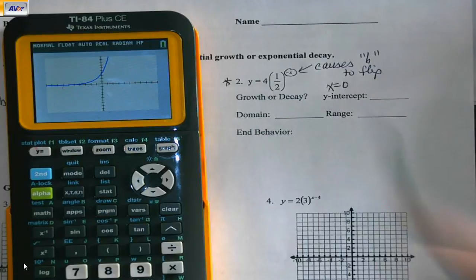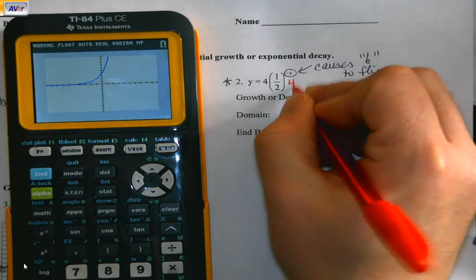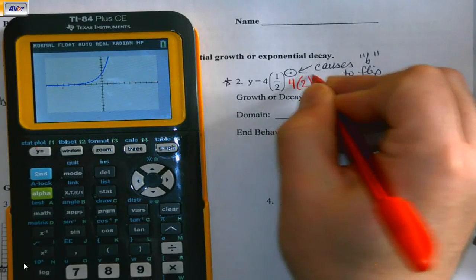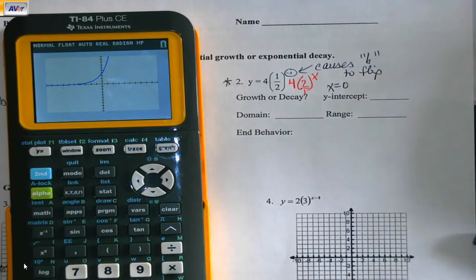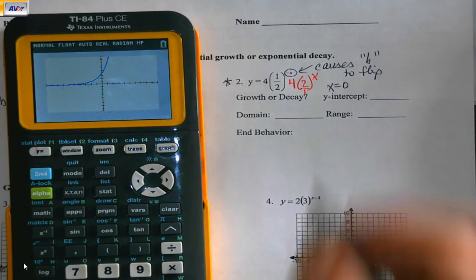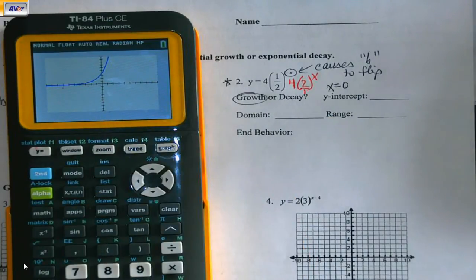So this, even though it's written this way, is going to act as though it's this, or I could even say that's 2 over 1. Okay, negative exponent will cause that, negative x. So in that case, if it's 2 over 1, that'd be growth. And I see that when I type it in on the calculator anyway.